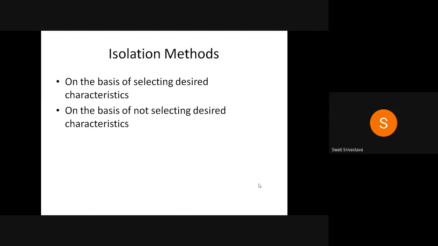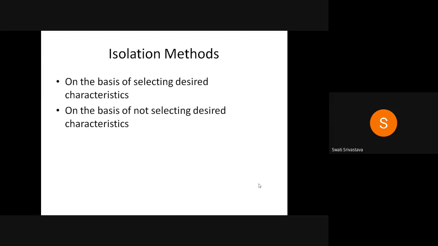Now, if you consider all the isolates that are producing penicillin, all of them won't be beneficial for producing penicillin for economical purposes. So production of penicillin cannot work as a criterion for isolation.